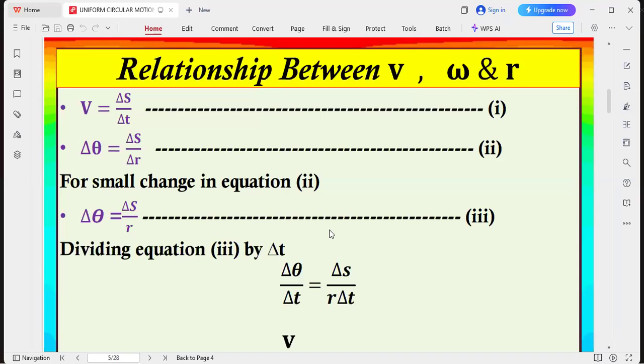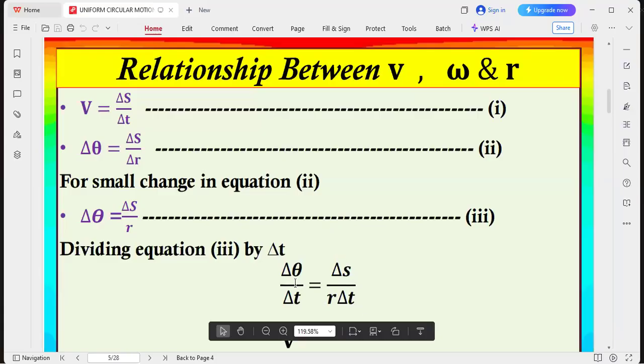Therefore, we can say that theta over T equals S over RT. What has been written here? Theta over T, which is omega, equals S over R divided by time.